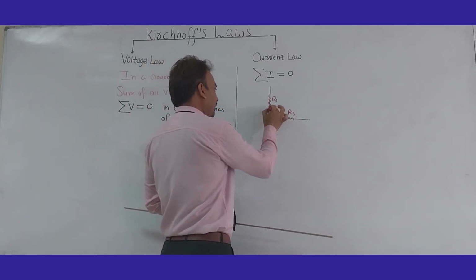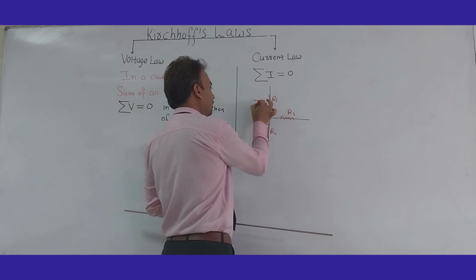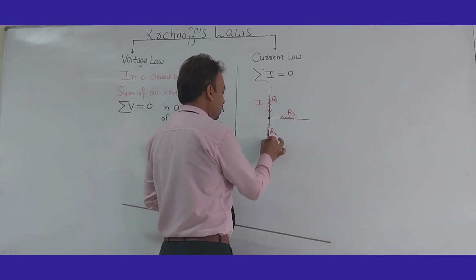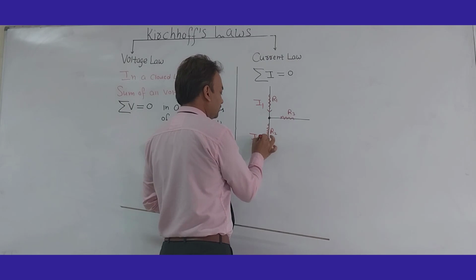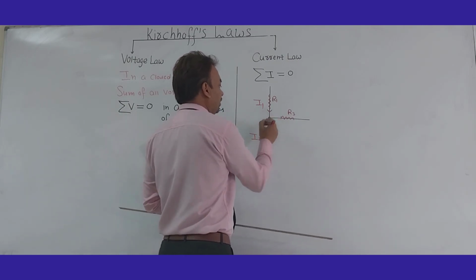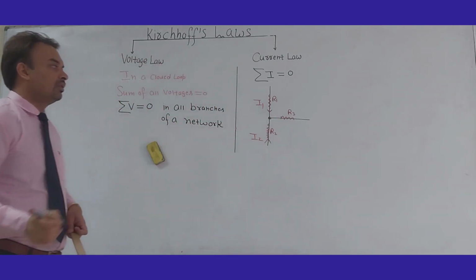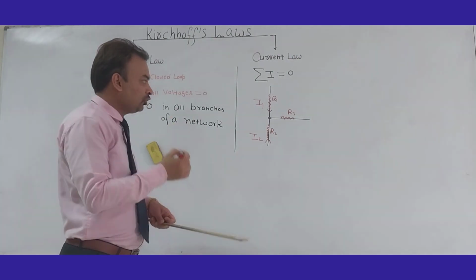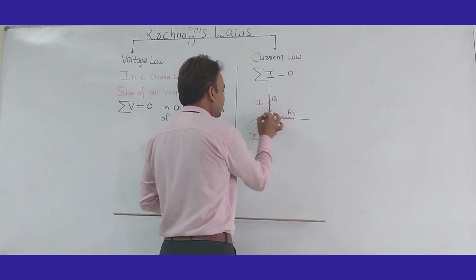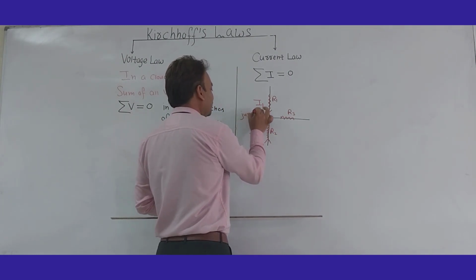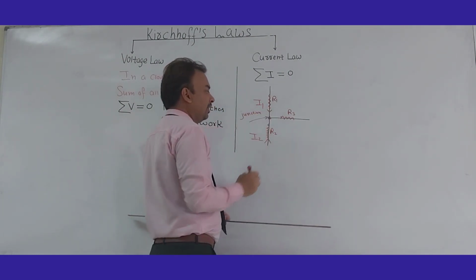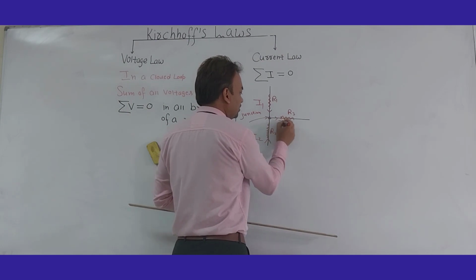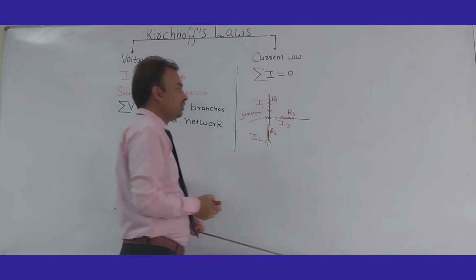Assume I1 is flowing like this and I2 is flowing like this, and I1 and I2 are approaching this junction. And suppose I3 is going like this.